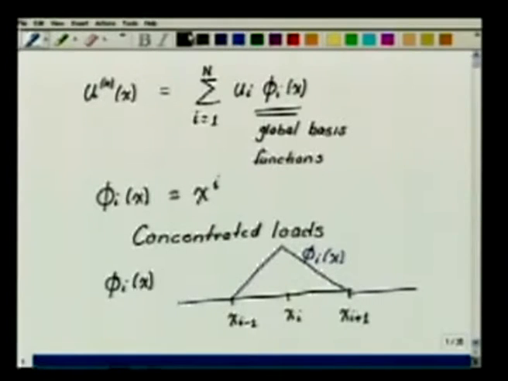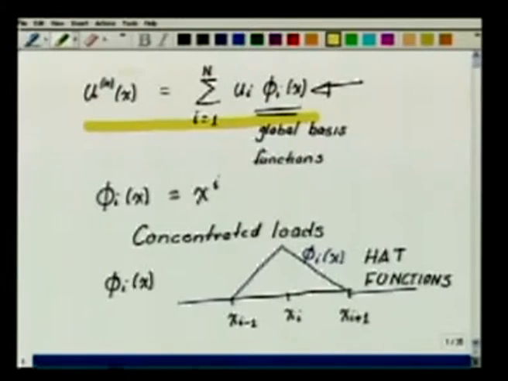So using these phi I's, which were the so-called piecewise linear hat functions, we could again form a series representation similar to what we had done earlier. This series representation one has to keep in mind.